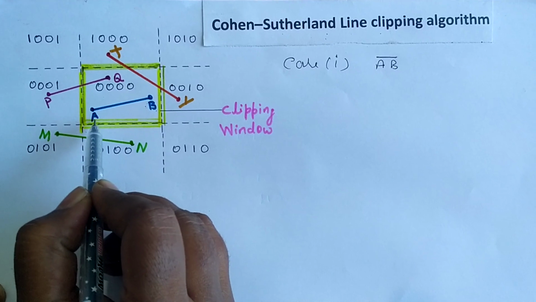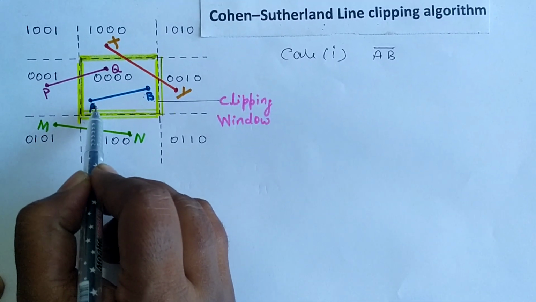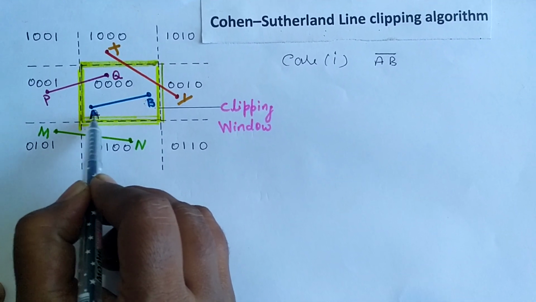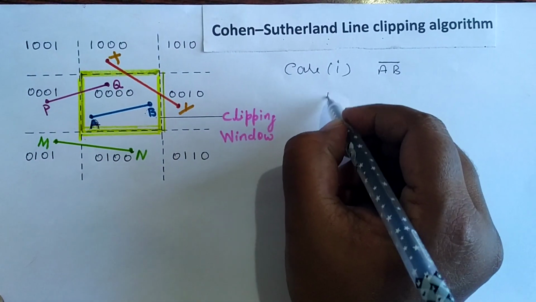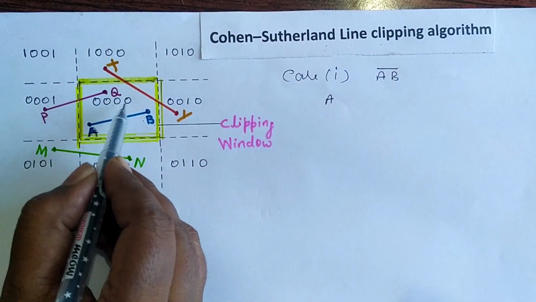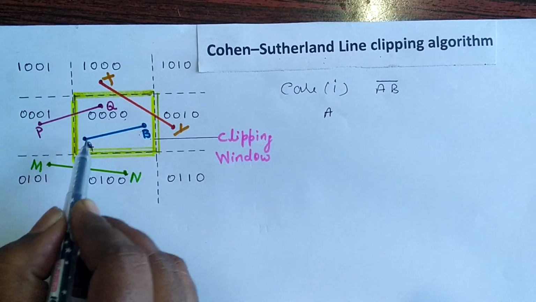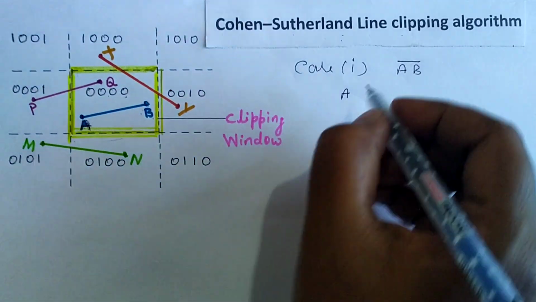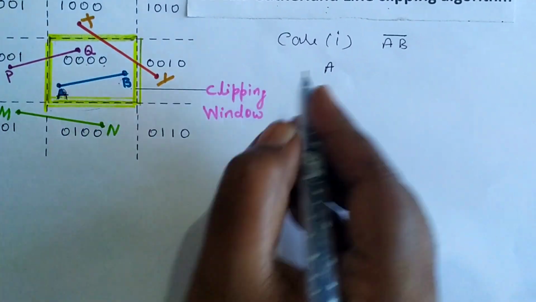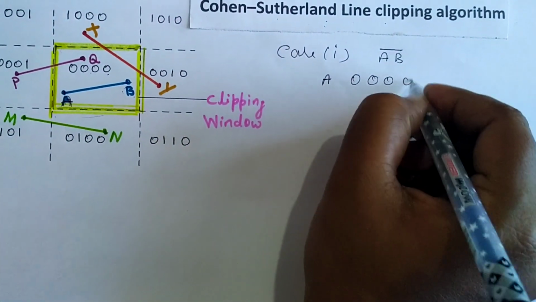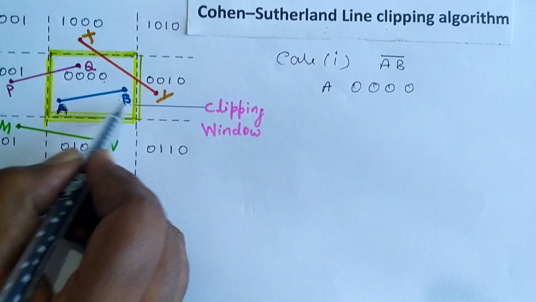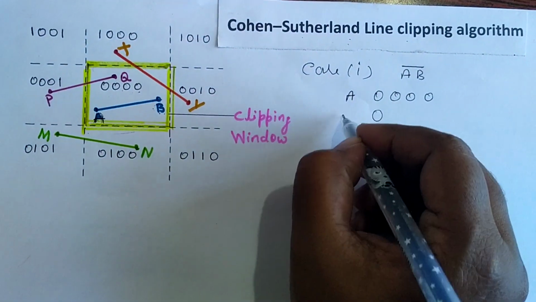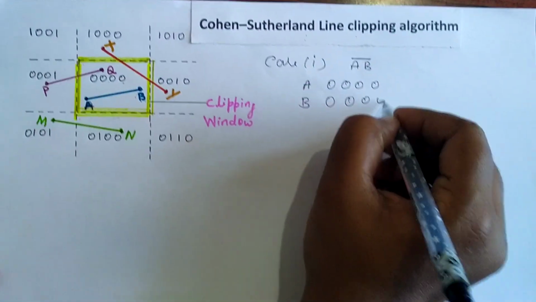Now, we will write the region code, or binary code, of A. The region code for the A endpoint of line segment AB is 0000, and the region code for the B endpoint is also 0000.